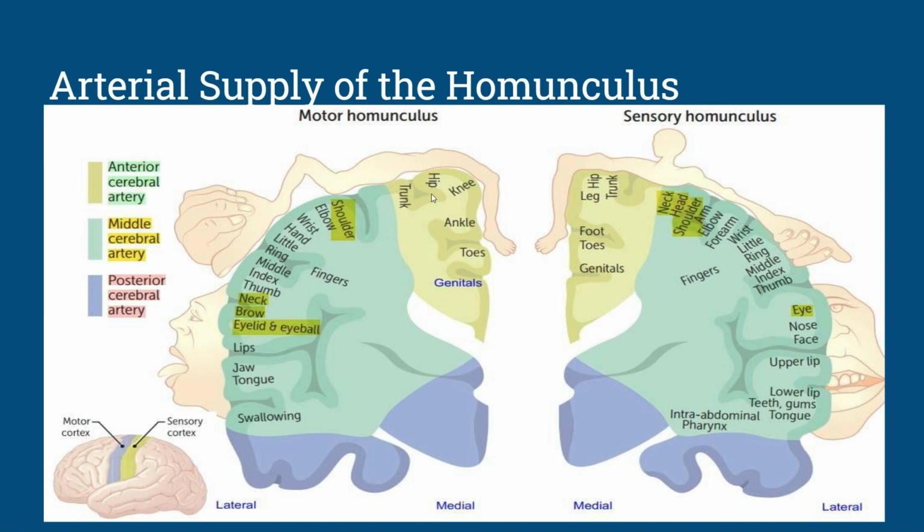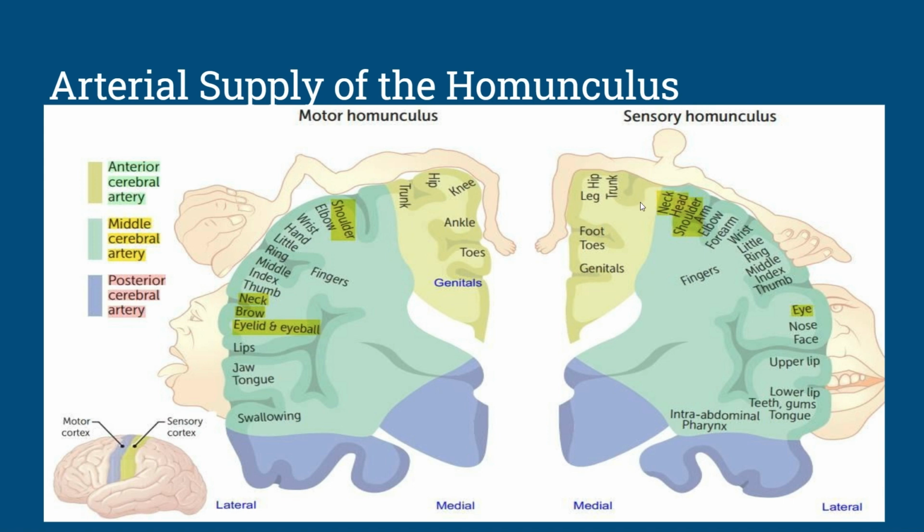Let's look at the color-coded ones. The anterior cerebral artery, this color right here, provides blood supply to the medial aspect up till right here, to the trunk. Starting from genitals, toes, ankles, knees, hip, and trunk, it is basically supplied by the anterior cerebral arteries on both sides.